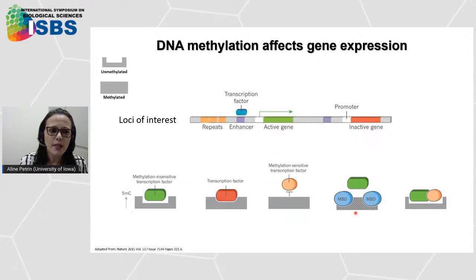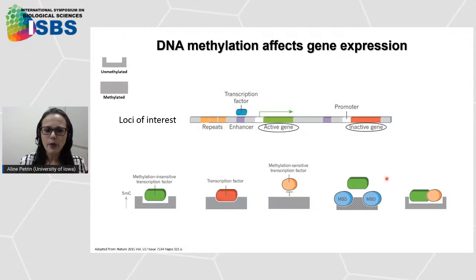There are different ways that DNA methylation can affect gene expression. An unmethylated CpG site will allow the transcription factor to bind, while if it's methylated, there won't be transcription. There are also transcription factors that are sensitive to methylation, so they will not be allowed to bind; they will be blocked.